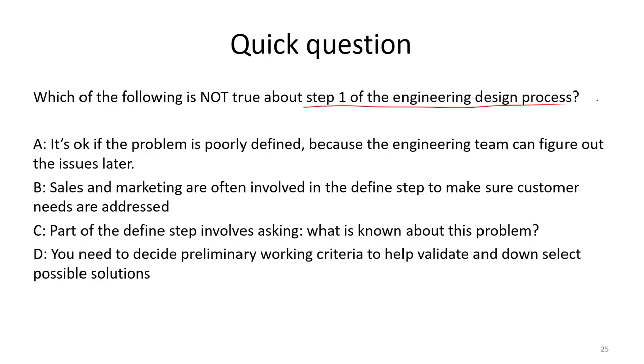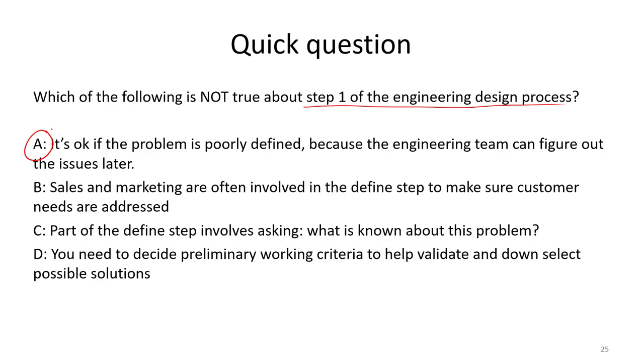All right, so what did you come up with? The correct answer here is actually choice A. It's not okay if our problem is poorly defined. Sometimes more information comes available and we realize we need to tweak our problem, but ideally, as much as possible, you want to have a very clear problem statement and definition of your problem.